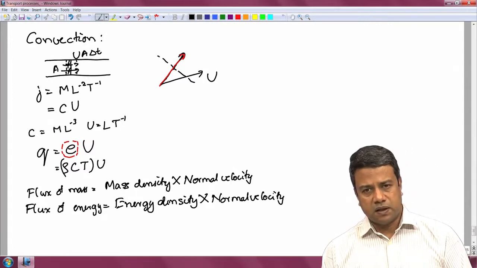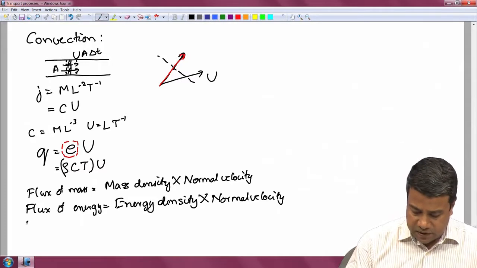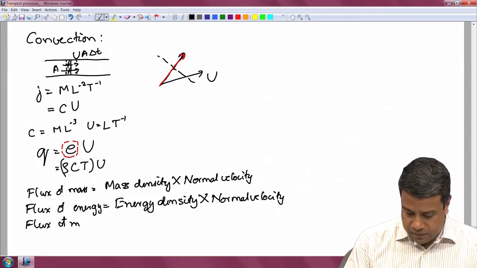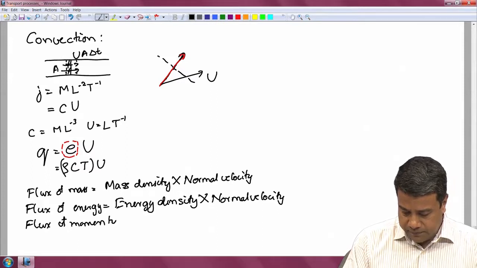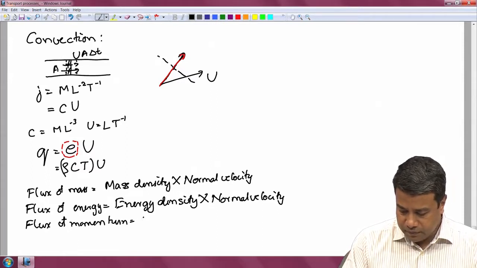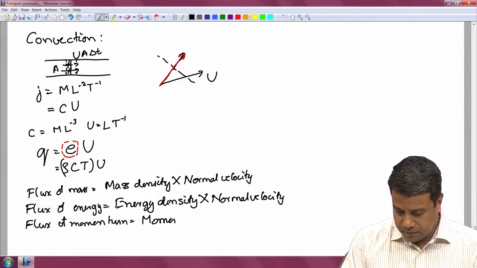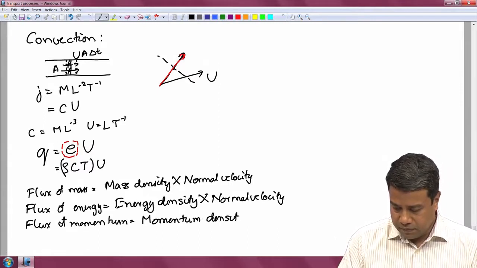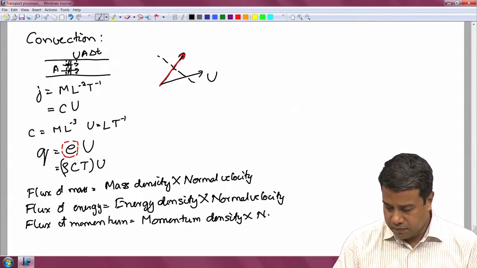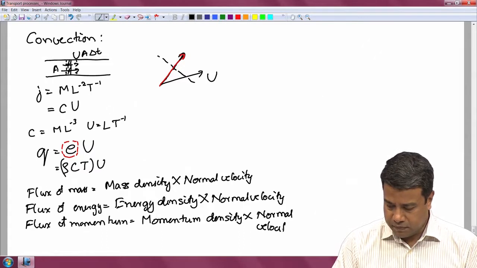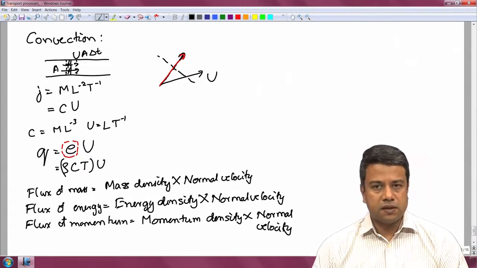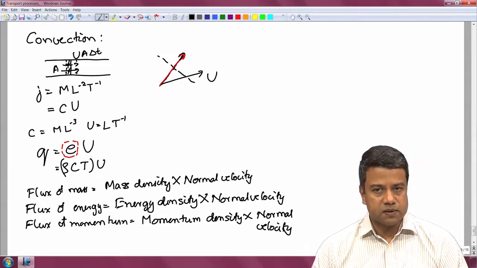And analogously, you can always write the flux of momentum. Momentum density times the normal velocity. The only thing that you have to watch out for here is that momentum is also a vector.